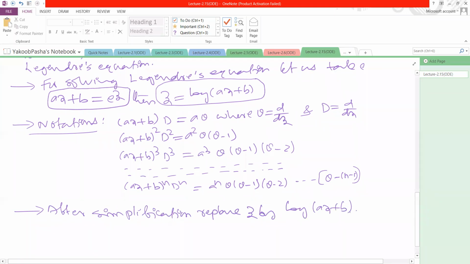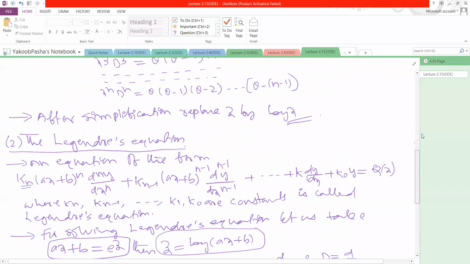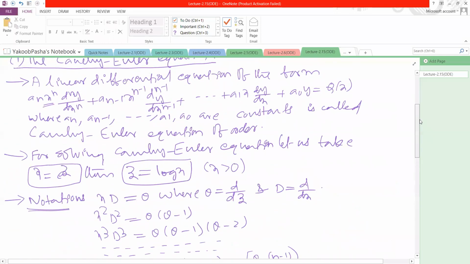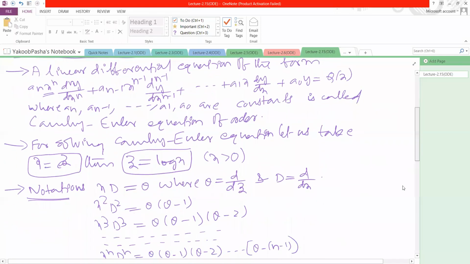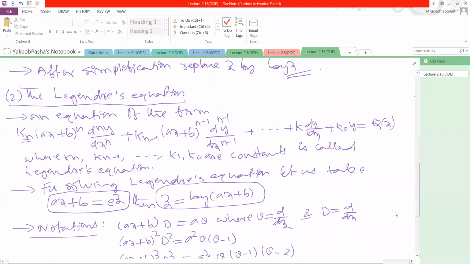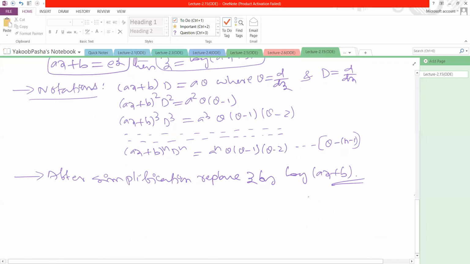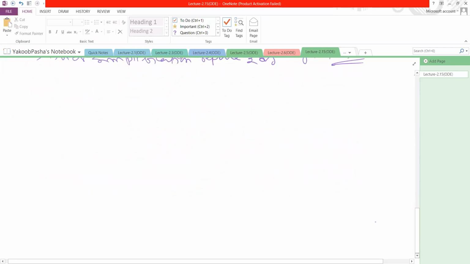This is the procedure to find the general solution of Legendre equation, and this is the procedure to find the general solution of Cauchy-Euler equation. Okay, compulsory question only for JL and set also. Now I am taking a simple problem from DL.